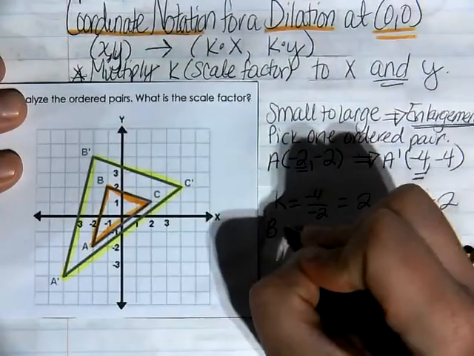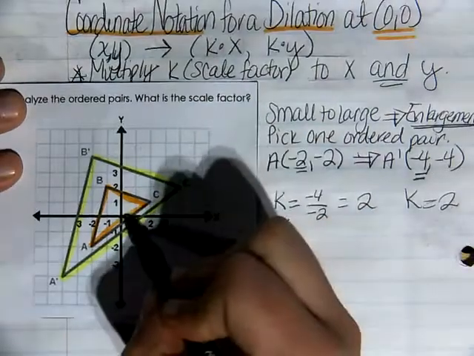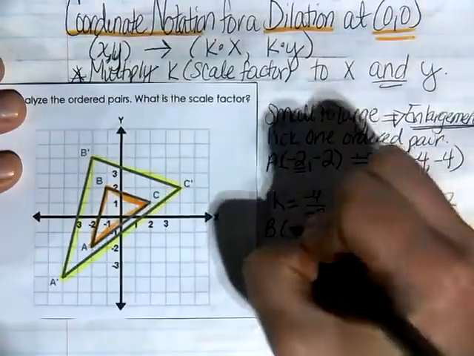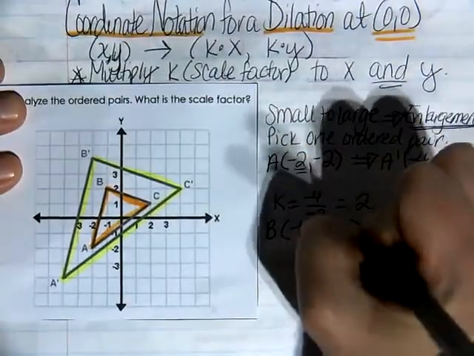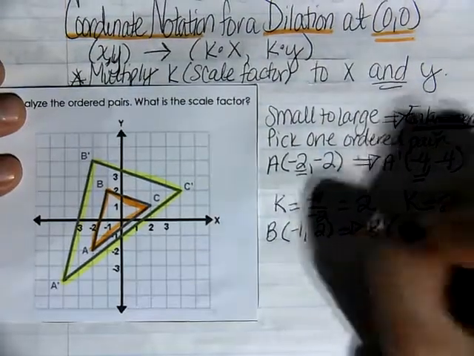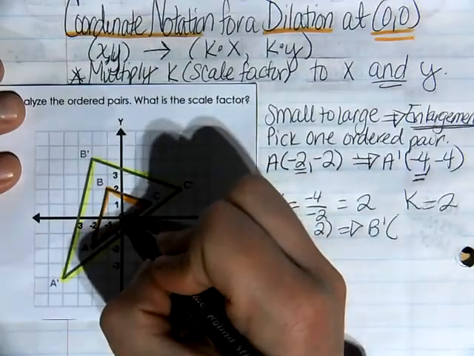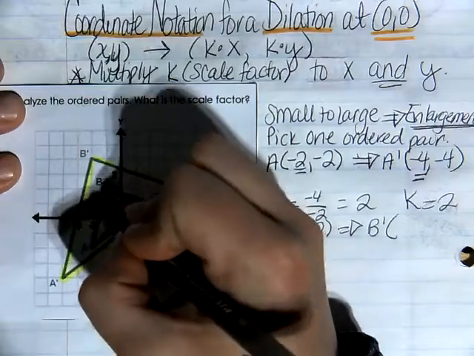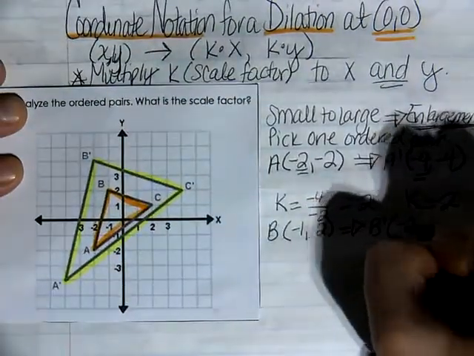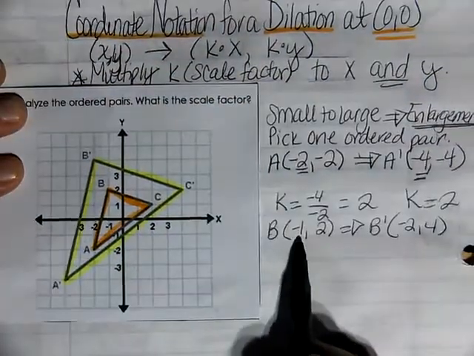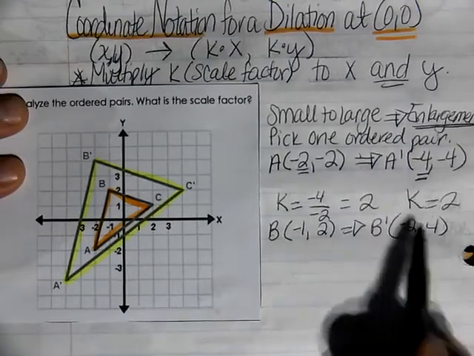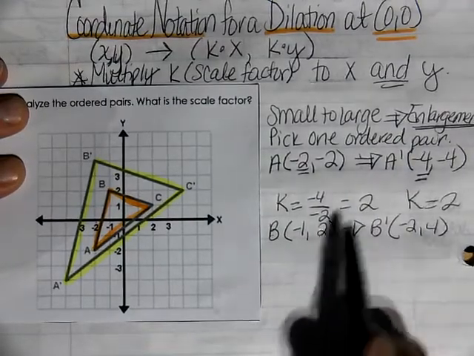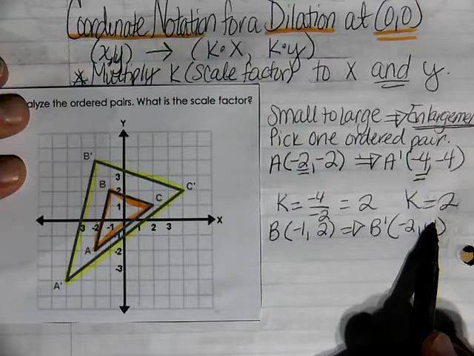If we were to look at B, for example, B is located at -1, 2, and B prime is located at -2, 4. Look at that. If I multiply -1 times 2, I get -2, and 2 times 2 gets me 4.